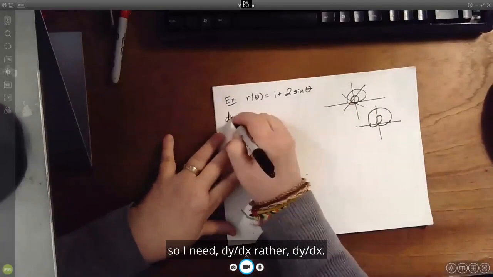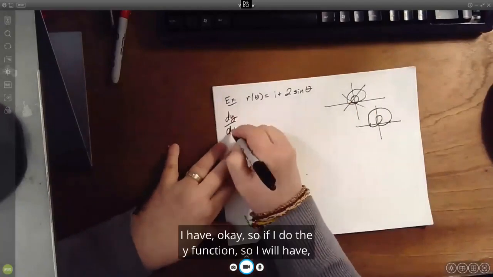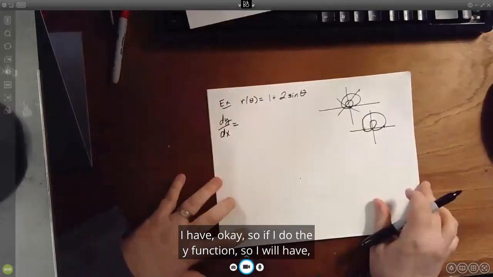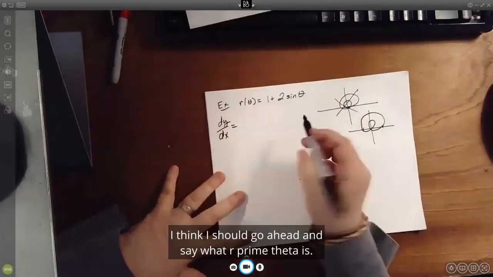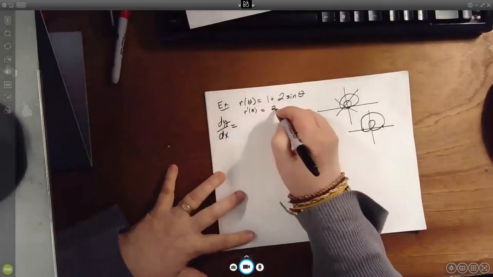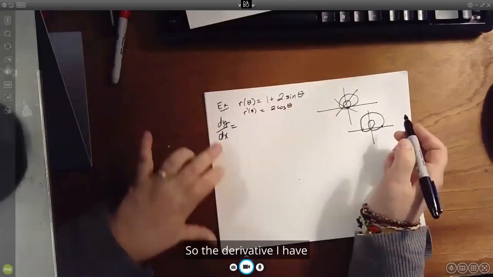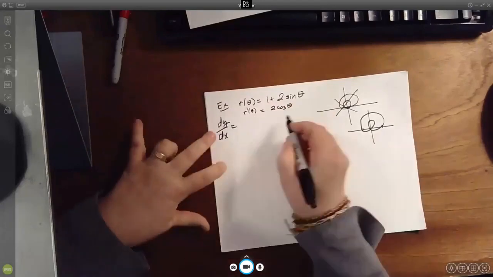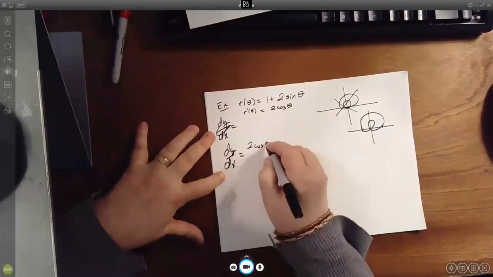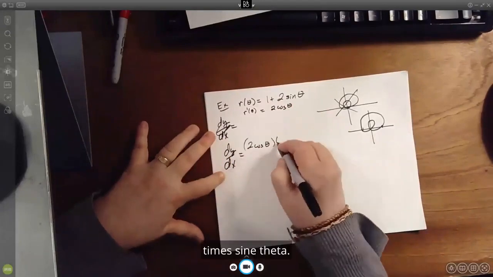So if I do the y function, maybe I should go ahead and say what r prime of theta is. So for dy/dx, I have 2 cosine theta times sine theta.